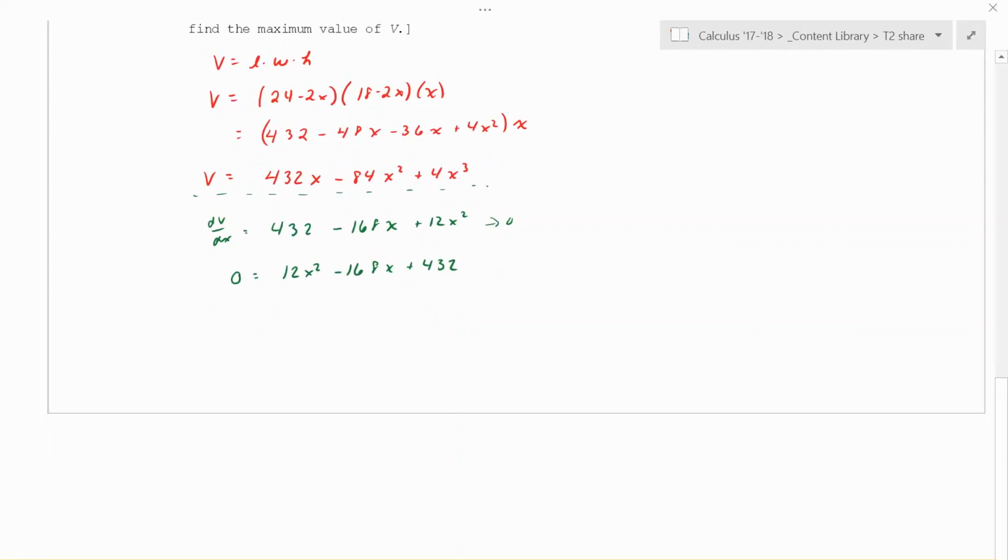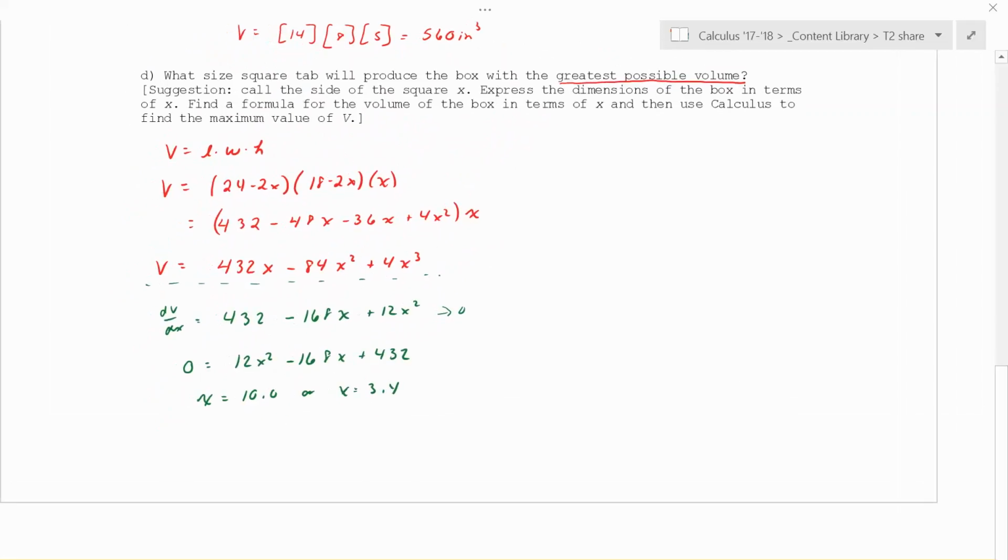And factoring or using our quad program, we come out with x equals 10.0 or x equals 3.4. And I'm not going to do this in the context of the problem yet. I'm just going to go ahead mechanically, and I'm going to look at my sign chart. If I've got 3.4 and 10, this is a quadratic equation.